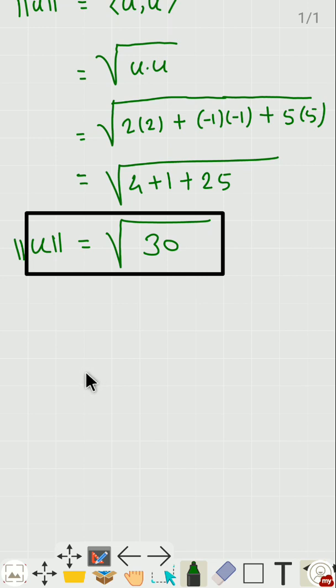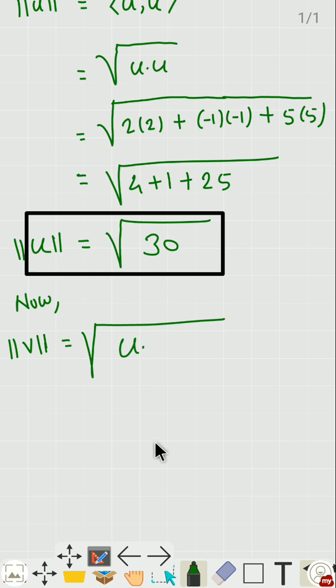Now we find the norm of vector v. The norm of vector v is equal to the square root of v dot v. Now vector v is known to you.